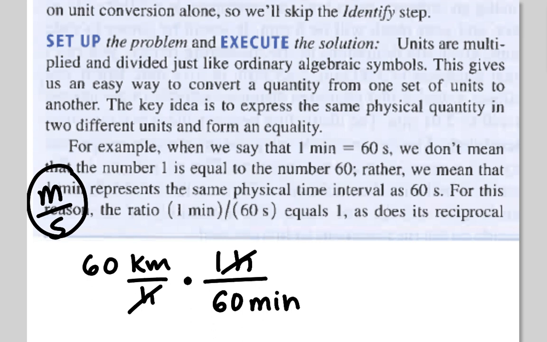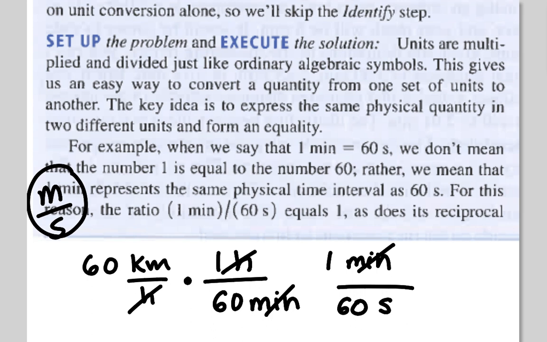Not what I want, right? So get rid of minute, put minute up top. Now, what could I put down here? Second, right? Is there a relationship between minute and second? In 1 minute, there are 60 seconds. So now I'm in kilometers per second.